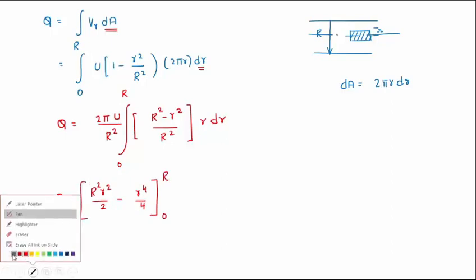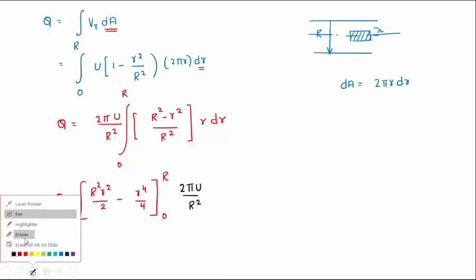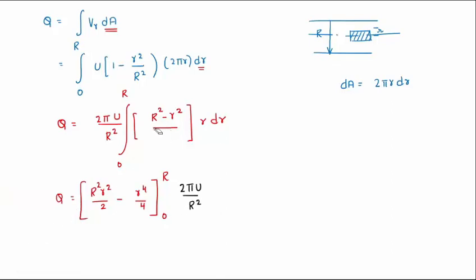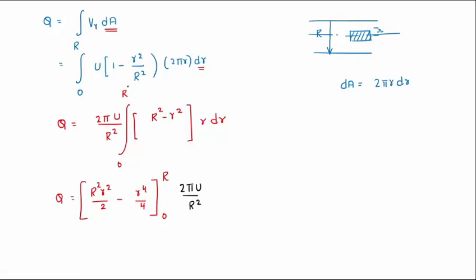A constant which is remained is 2 pi U by R square. Sorry, here R square we need to take it out, right? This will be the condition, because R square is already taken out. That will be R square minus r square, and R square taken out. So it will be 2 pi U by R square.